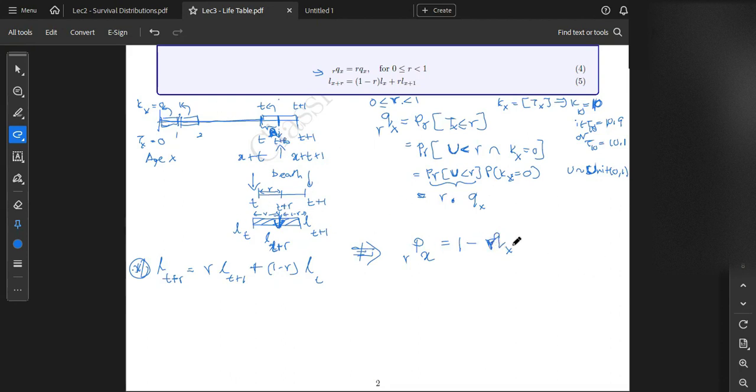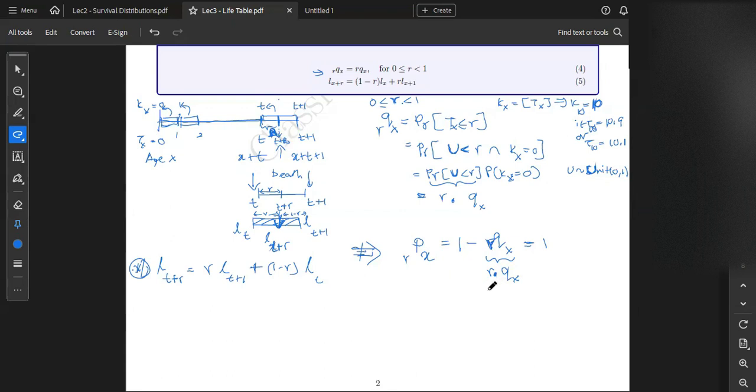And from the previous case in here, this part we can write like r times the annual death probability. So that is one possible transformation that we can do.